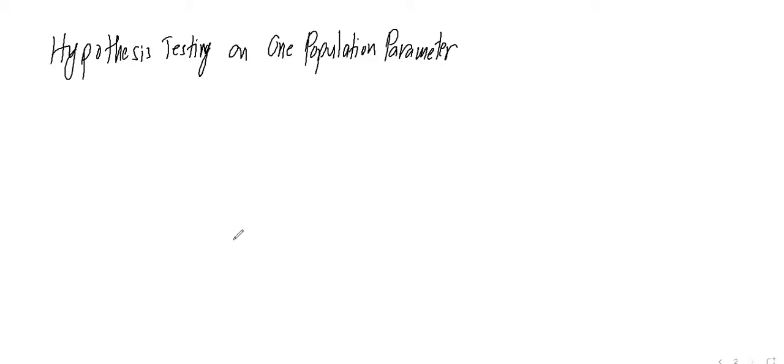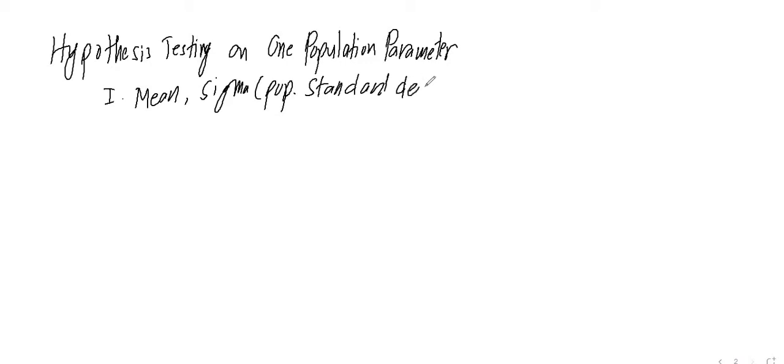Hypothesis testing on one population parameter is usually, if you're testing for the mean and your sigma, which is our population standard deviation, is known, or this symbol is known, then we would also have, we're solving for the mean, but sigma is unknown.